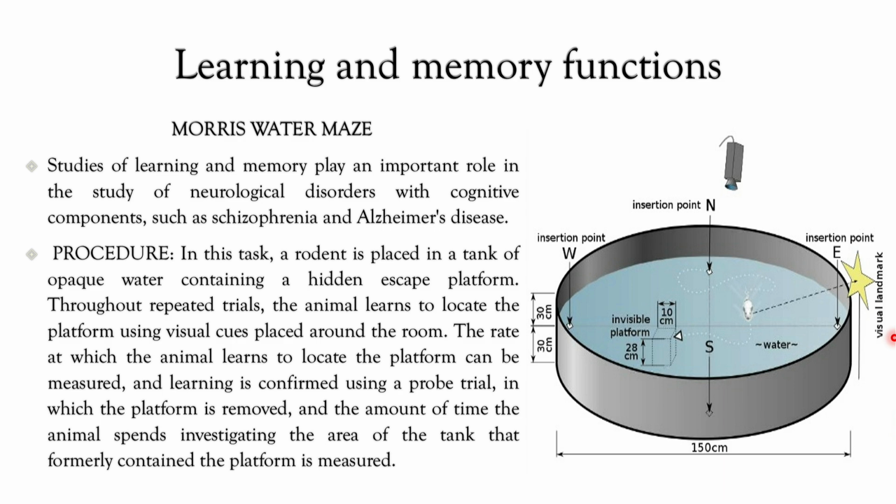In this, a rat or a rodent is left in an open water tank to explore the arena. There's a hidden platform in the tank which we want the rodent to identify.